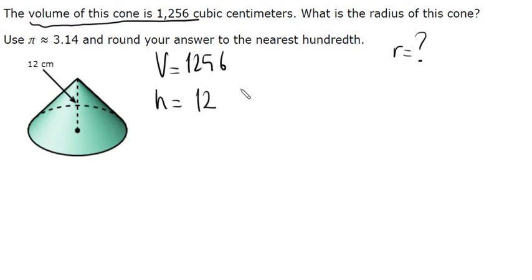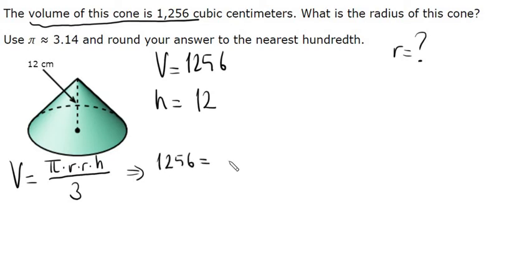Right, so let's write the formula first. The volume is equal to pi times r squared times h divided by 3. Alright, so 1256 is equal to 3.14, this is the pi.